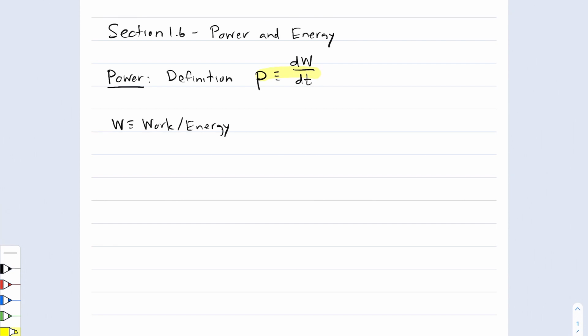Now, this power right here is general power. It could be mechanical power, it could be power of some other sorts, but what we're actually interested in is electrical power. So, if I write down my definition of power, by the chain rule, I can rewrite this as dW/dq times dq/dt.